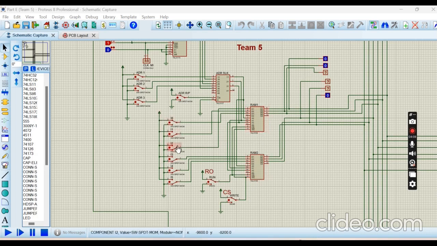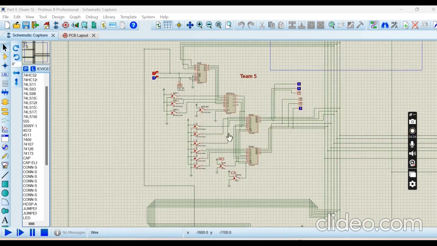Over here, as you are seeing my cursor, these are the inputs, 6 inputs coming to the RAM. 3 to the RAM 1, 3 to the RAM 2. We already know for the RAM, it has read and write mode.